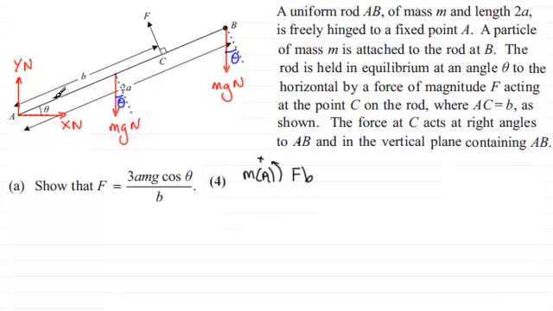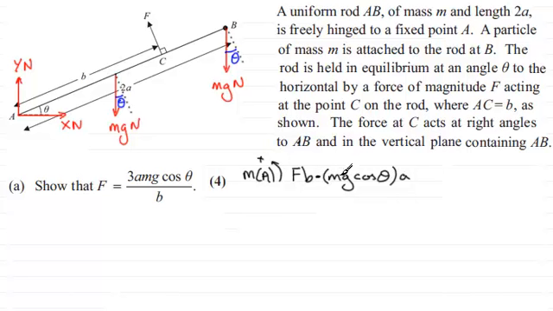We're not interested in the one down the rod because it passes through A. The perpendicular force will be mg cos theta, and that will be multiplied by the distance back to A, where it's a uniform rod of length 2a, so this distance must be a, so we'll times that by a. And this wants to act in a clockwise sense, so it's going to be negative there. Okay?